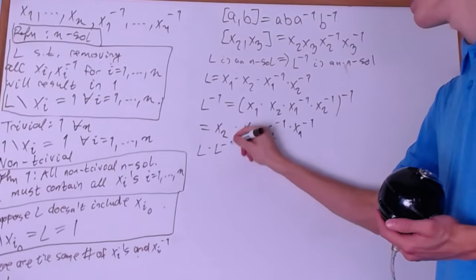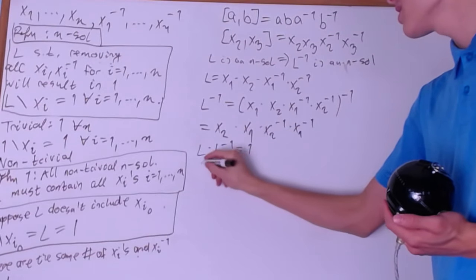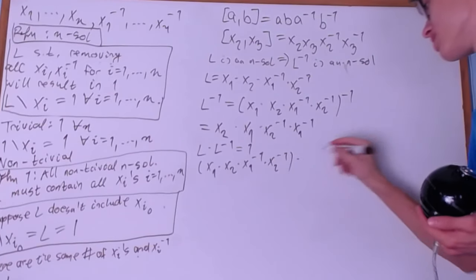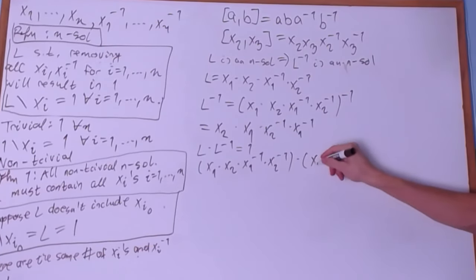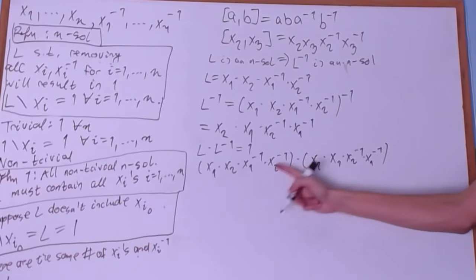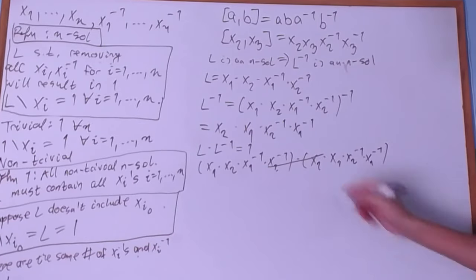All right, how do I know that this is correct? Well, we would want L times L inverse to be equal to 1. Let's go ahead and calculate that. L is x1 times x2 times x1 inverse times x2 inverse. We multiply that by the inverted one: x2 times x1 times x2 inverse times x1 inverse. The x2 inverse and x2 cancel each other out. What are we left with?